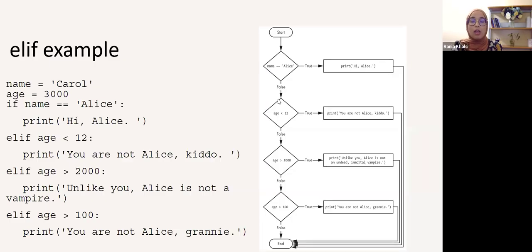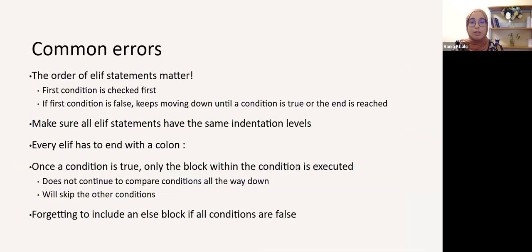It's not else, okay? So it's elif. So we have elif age is less than 12. Then there is this branch, and then we leave from there. Elif, there is this, and then we leave from there, and so on, okay? So this is the idea of the elif statement.